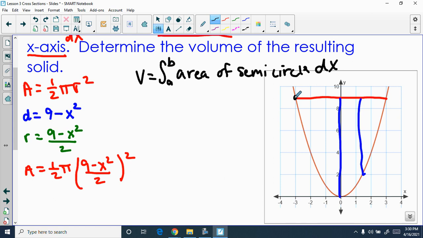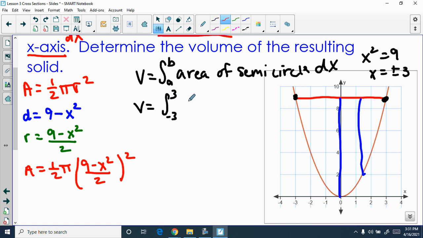Remember, we're ending at y equals 9. So if you need to solve that by hand, you can say x squared is equal to 9, which gives us x being positive or negative 3. It's those intersections that we're looking for as upper and lower limits. So we're going to have negative 3 to 3.